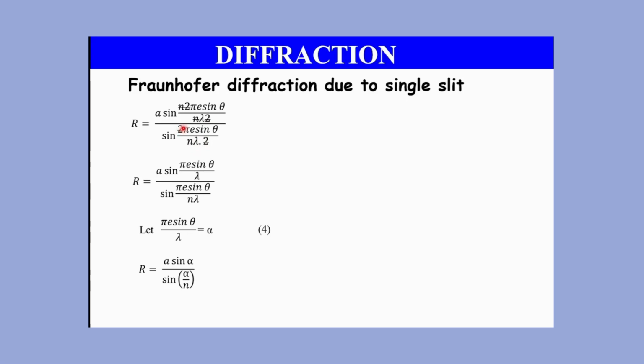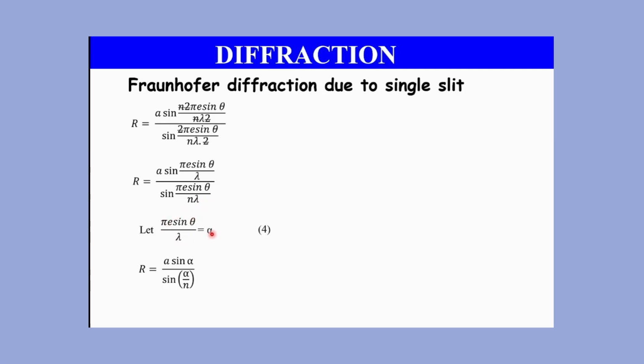After cancelling the respective terms, rewrite the equation: R is equal to a into sin(pi e sin theta divided by lambda) divided by sin(pi e sin theta divided by n lambda).